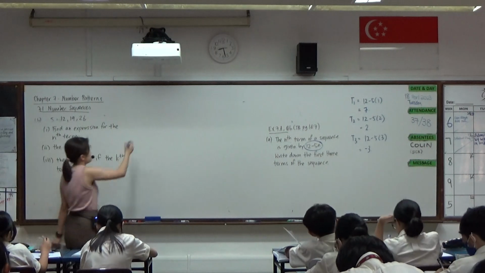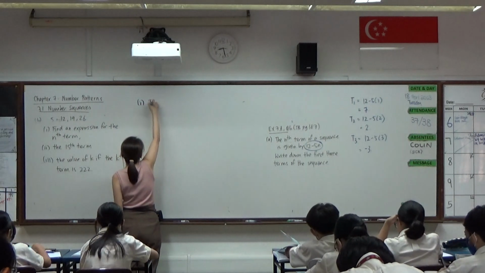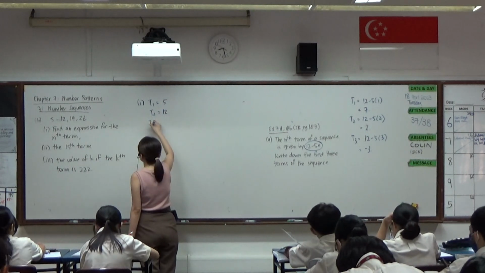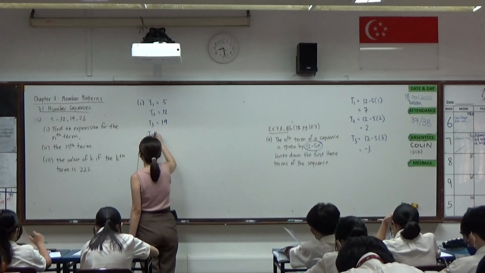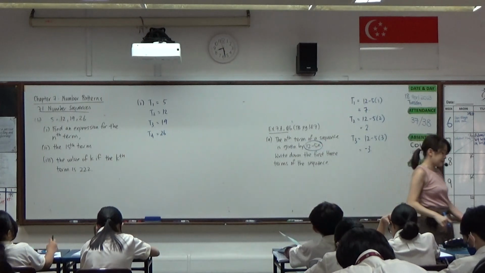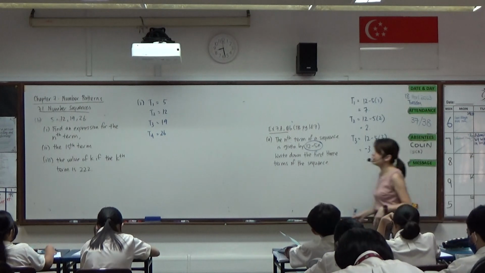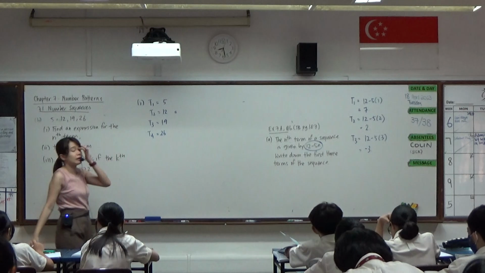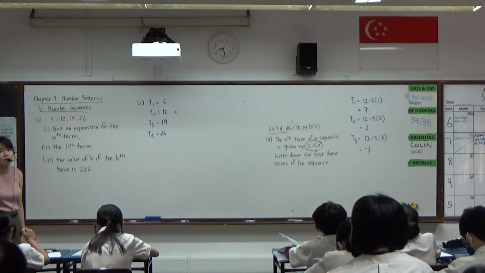So it is the same process. List out T1, T2, T3, and then T4. So 1 to 4, those are the terms. And then we figure out what is the pattern going on. So 5 to 12, we find that there's a pattern of what?